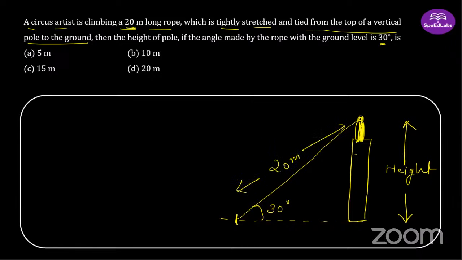Now if we have taken this angle as 30 degree, then the side opposite to the angle is our perpendicular. The pole is vertical, so this would be a 90 degree angle, and the side opposite to a 90 degree angle is our hypotenuse.